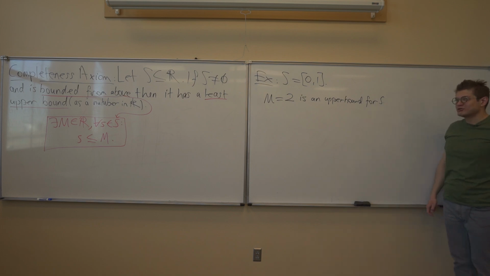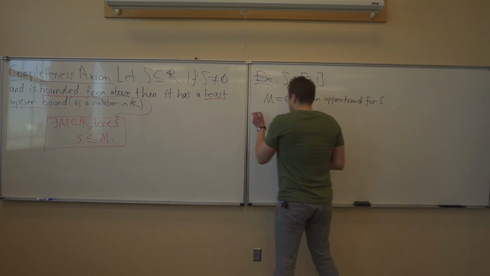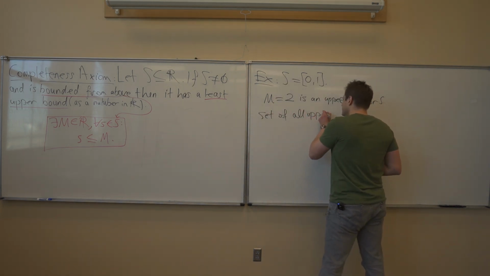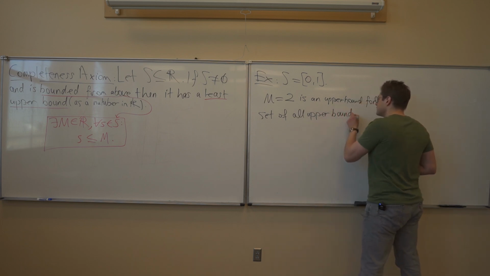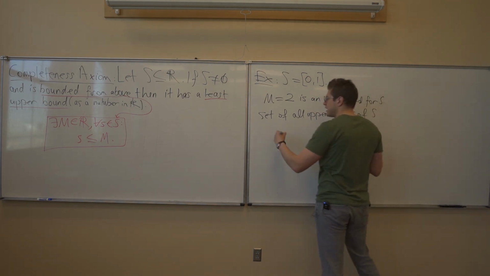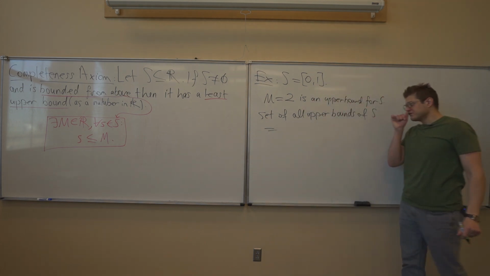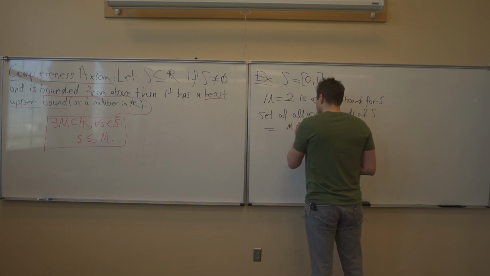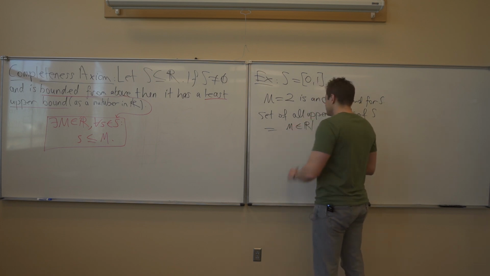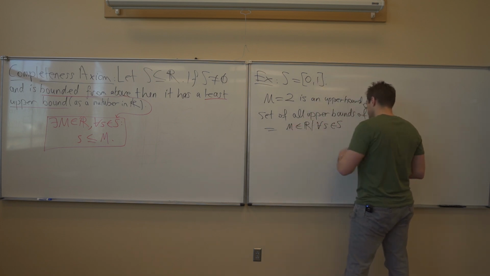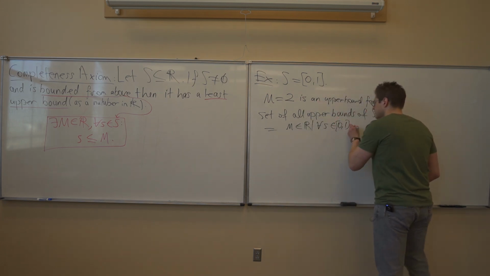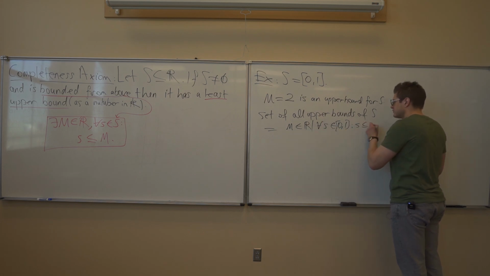Now what you can do is look at the set of all upper bounds of S. How can I represent this? Well, it's going to be a set of real numbers. Let's call it the set of all those m's such that for any s in 0, 1, m dominates s.